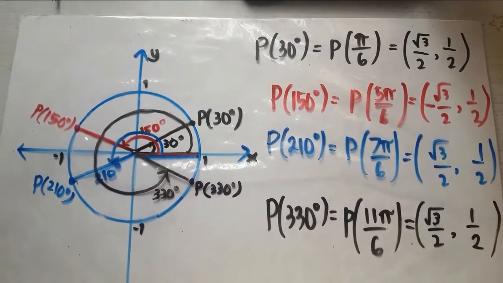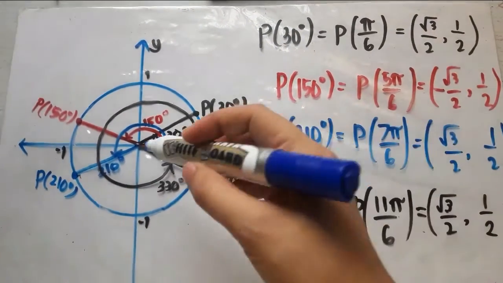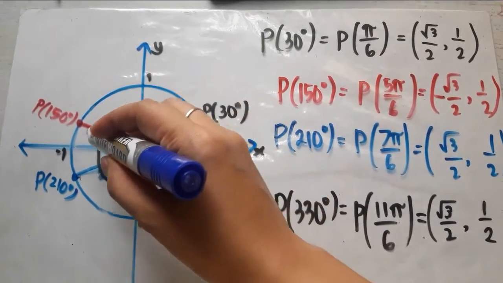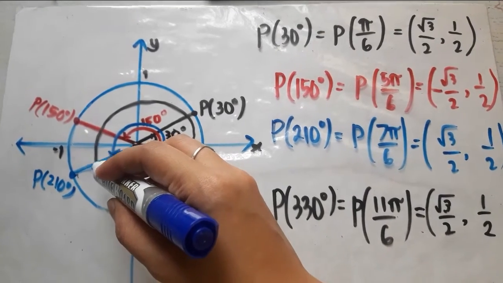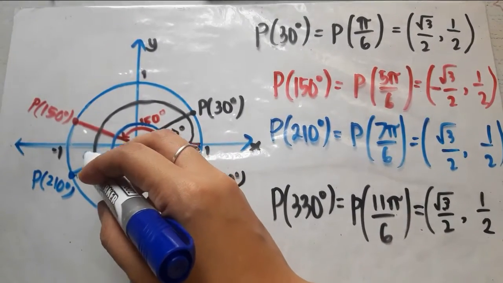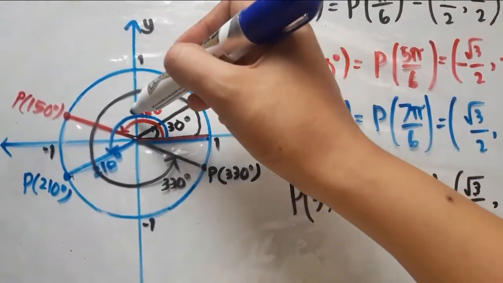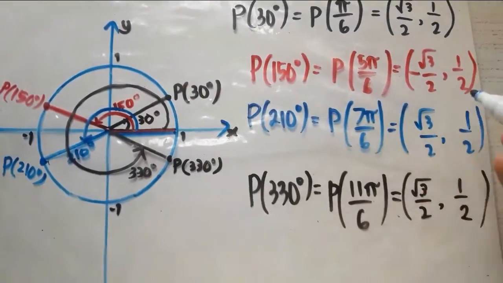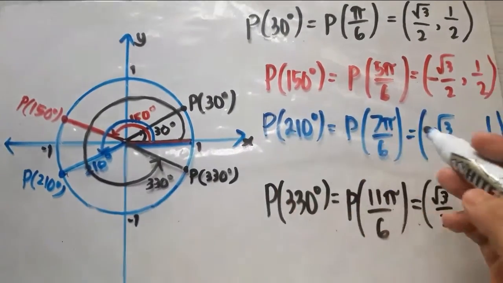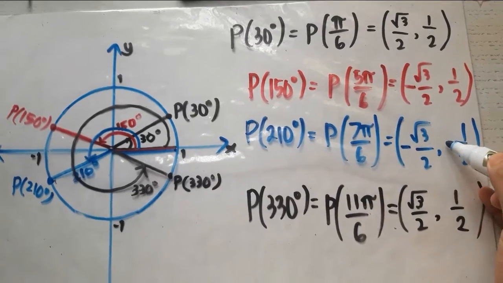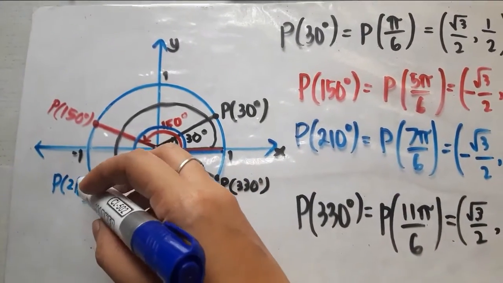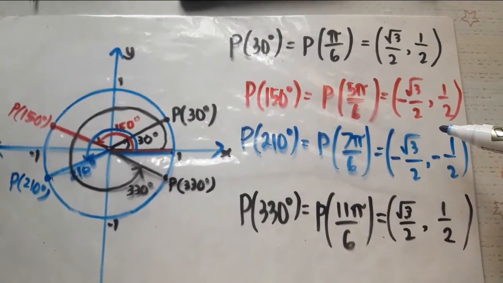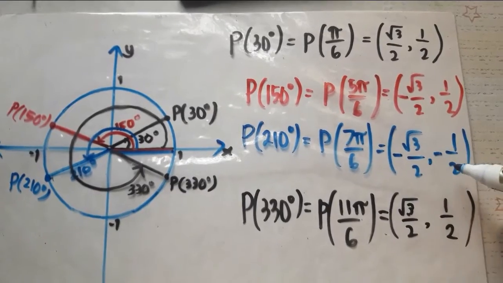Alright, so for P of 210 degrees, we have this angle. From here, the initial side going down up to the third quadrant, the reference angle is also 30 degrees because if we draw up to here, that's 180, so we have an excess of 30 degrees. Since it's located in the third quadrant, we have to put negative and negative on both the x and the y axis. So same numbers, almost, but the signs are different.